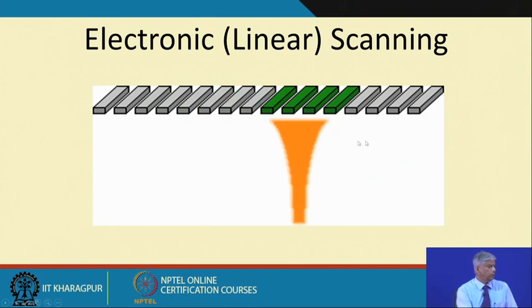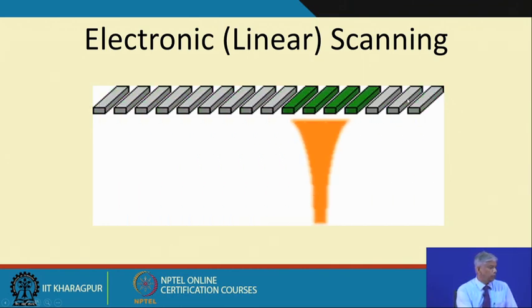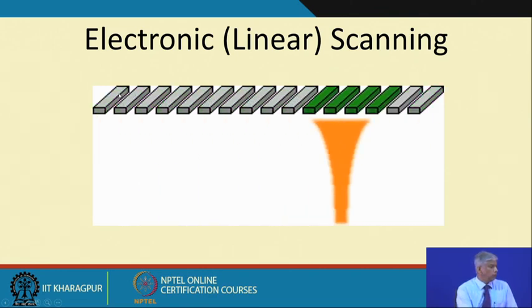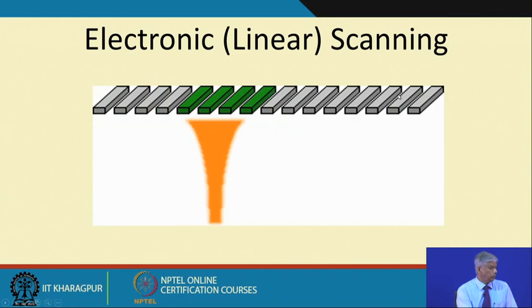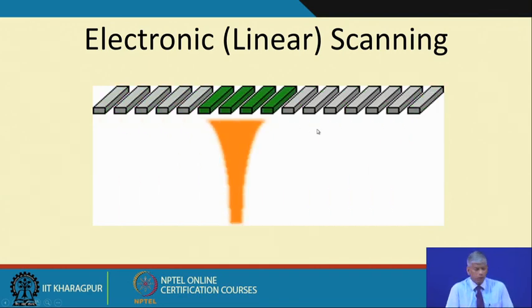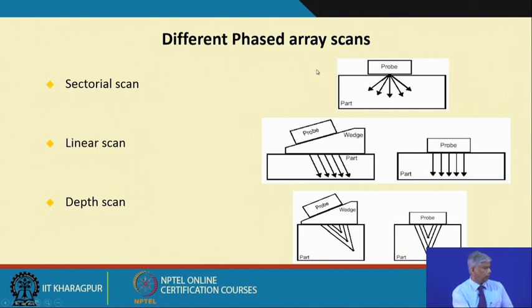Okay, this is an example of the linear scanning, where I am charging them separately. I am not physically moving the transducer, but just exciting the elements of the phased array one by one. So, this is also very, very important. So, a lot of new technologies are being developed, and commercially some of these are available.